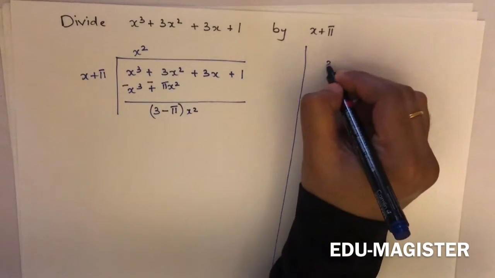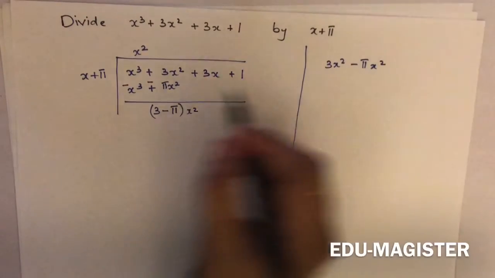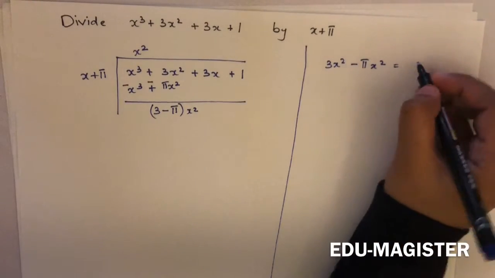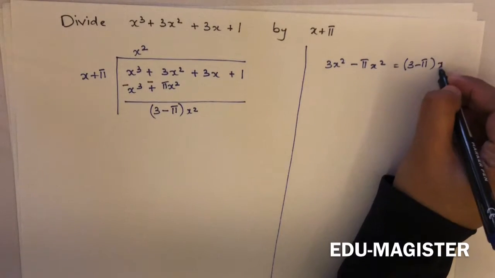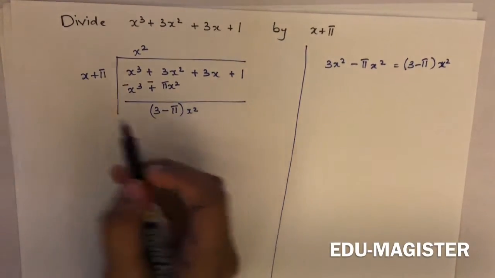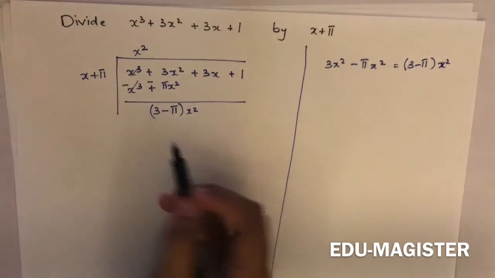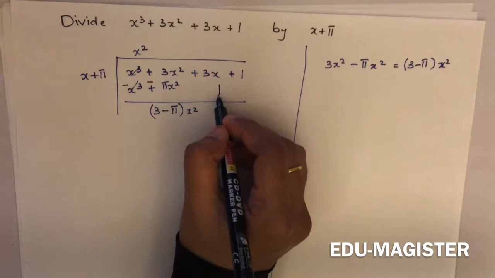Why? This is 3x square minus pi x square, right? While taking x square out, 3 minus pi is left inside and then I'll write x square outside like this. Okay, and this and this will get cancelled off. It will be 0.